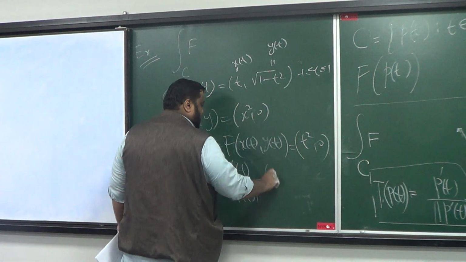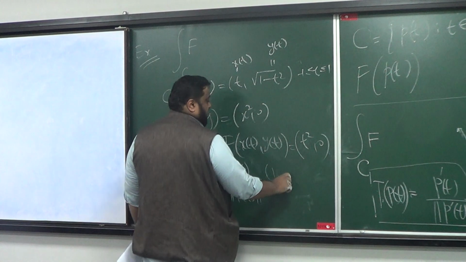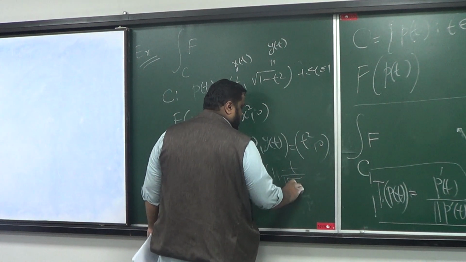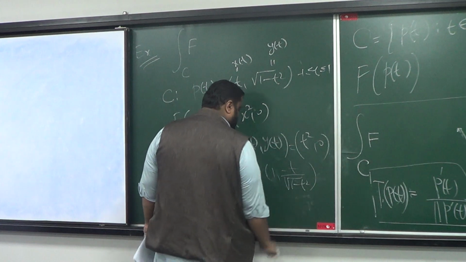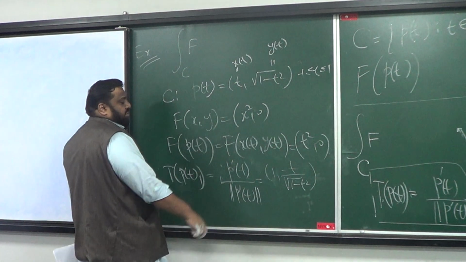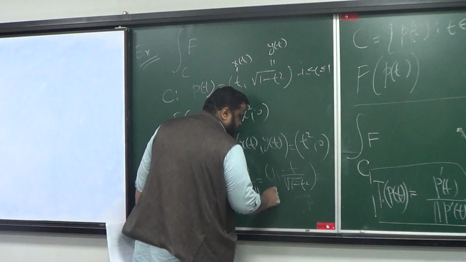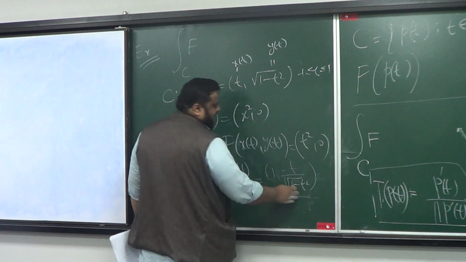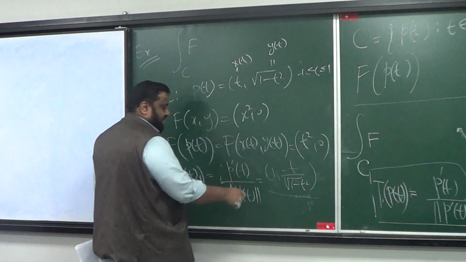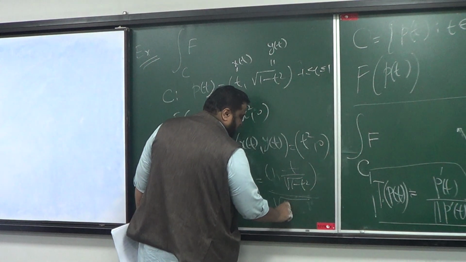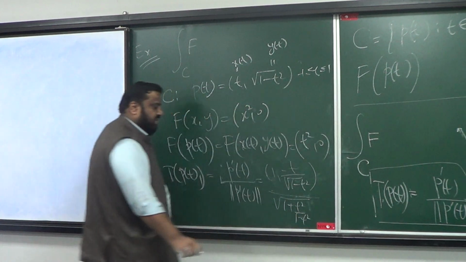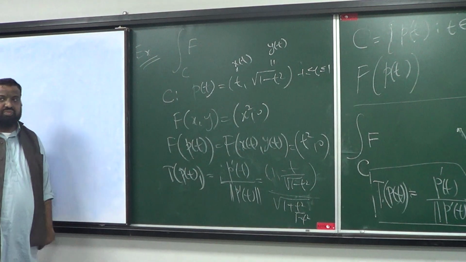It's going to be 1 and minus t over square root of 1 minus t square. And everything is multiplied by the scalar, so it's going to be square root of 1 plus t square over 1 minus t square.